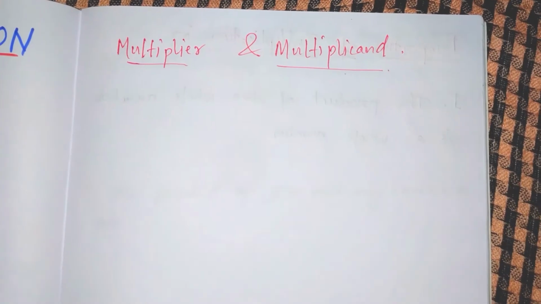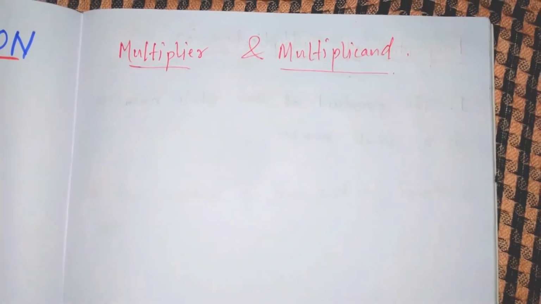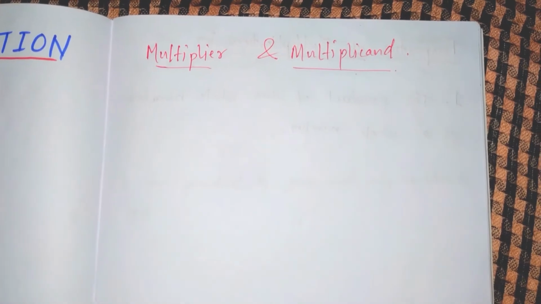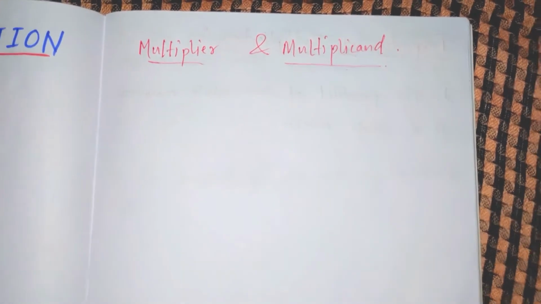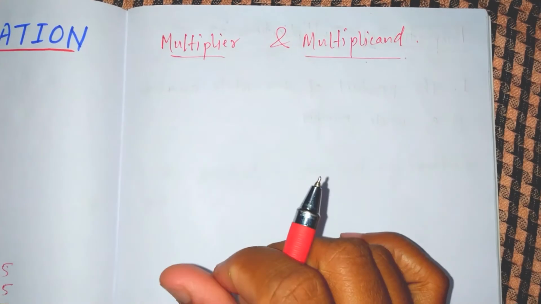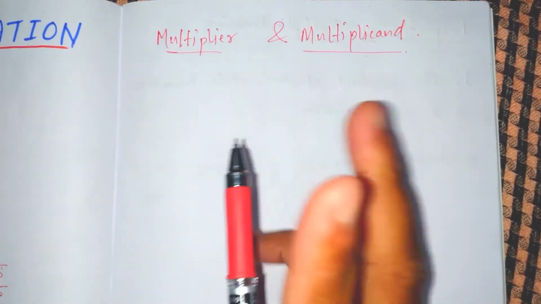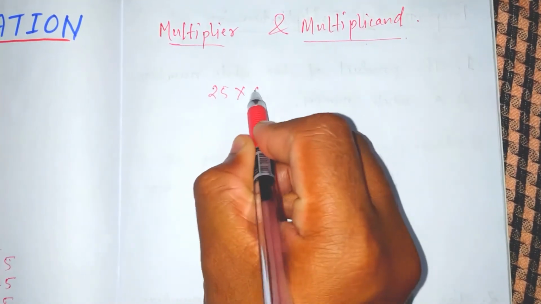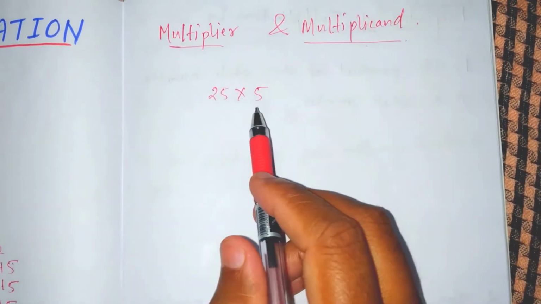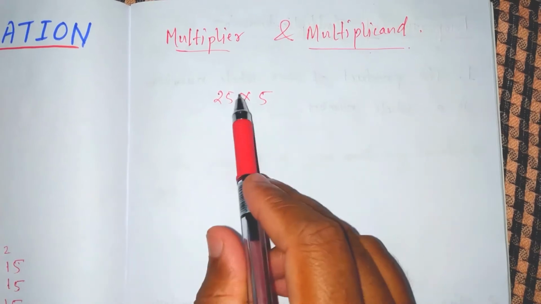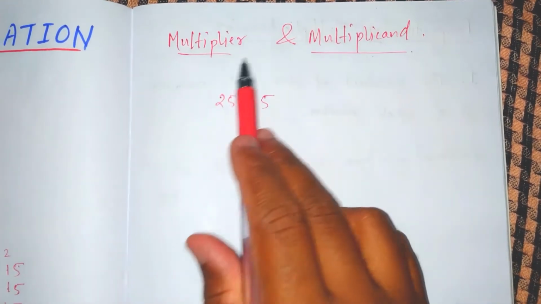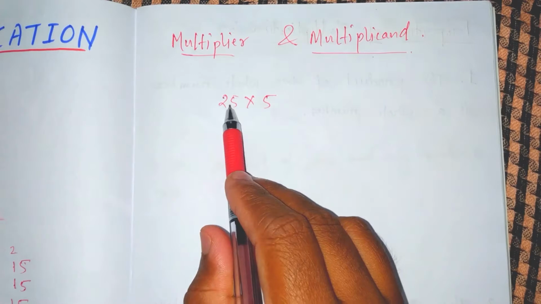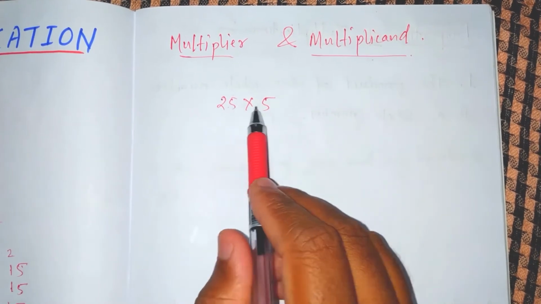Students, while understanding multiplication, you have two important terms. This is multiplier and multiplicand. So what is multiplier? Whenever you multiply two terms, suppose if I take 25 into 5, the number which multiplies the another number is called multiplier. Suppose here 25 into 5, that means you have to multiply 25 with 5.